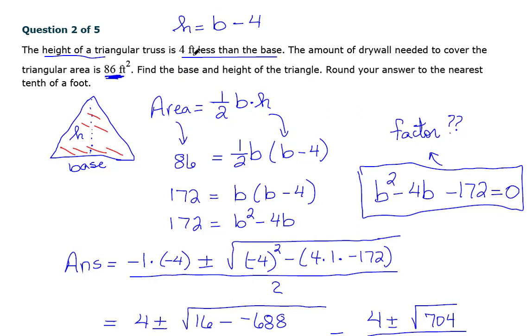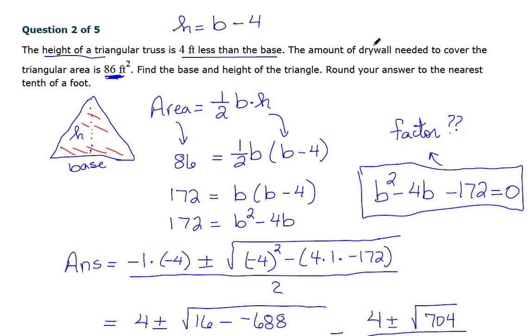What do I know? Oh, I see. The height is 4 feet less than the base. Well, if I let the base be b, then h is 4 feet less, and so b minus 4.